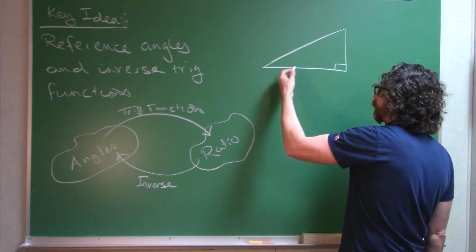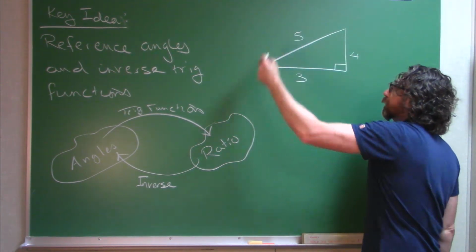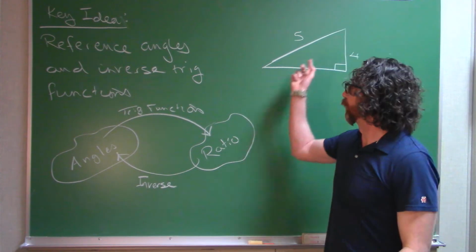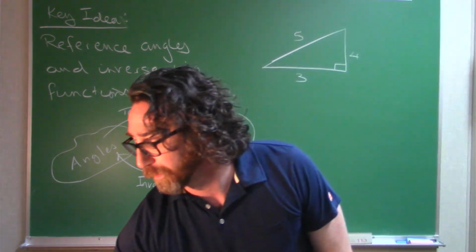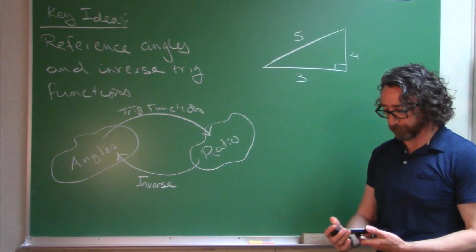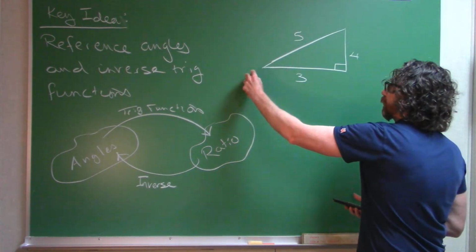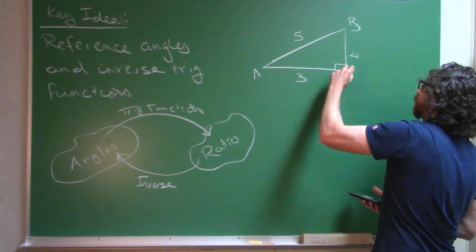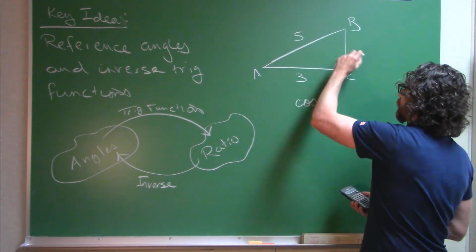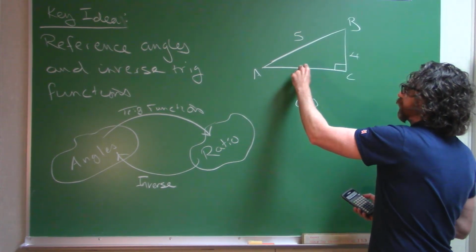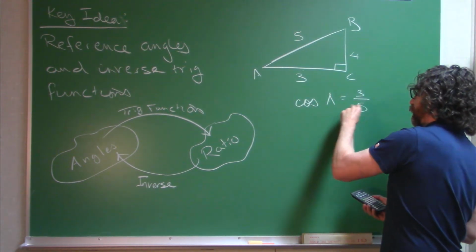Now let's say we had a right triangle, something like this, 3, 4, 5. The question is, what are these angles? Well, we can use an inverse trig function to figure out those angles. Just for the sake of completeness, I'll do an example right here. We know that cosine A is adjacent over hypotenuse, so cosine A equals 3 over 5.